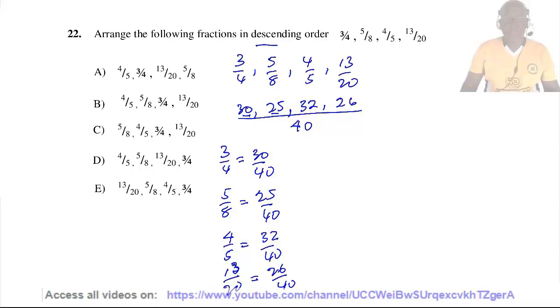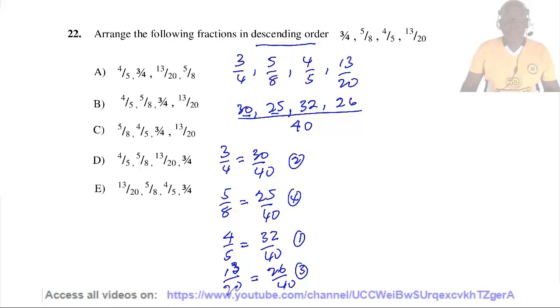Descending order means the bigger number will come first. So the biggest among the numerators is 32. So this is 1, followed by 30. This is 2, followed by 26. So this is 3, followed by 25. So this is 4.